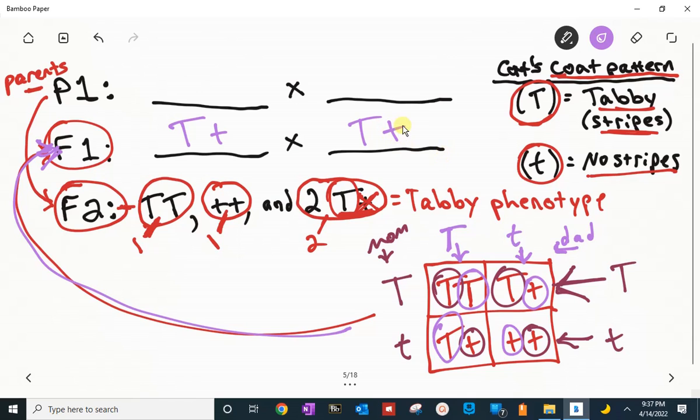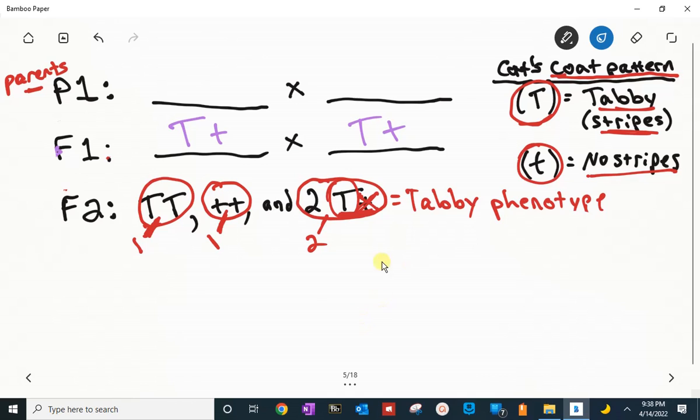So now let's find out what their parents have. Let's find out how these guys got their genes, and let's figure out what the parents would be.